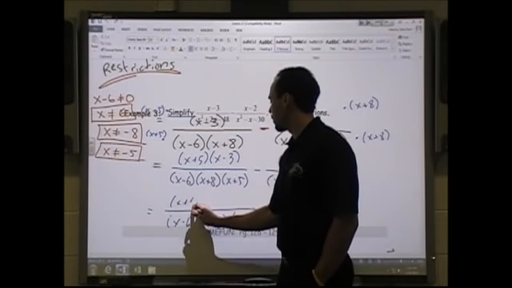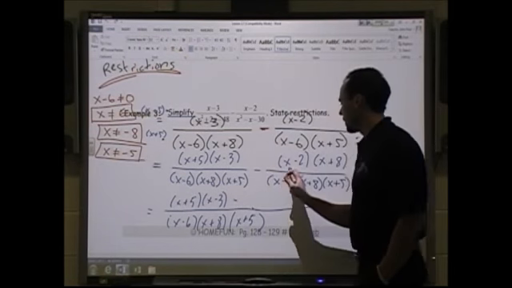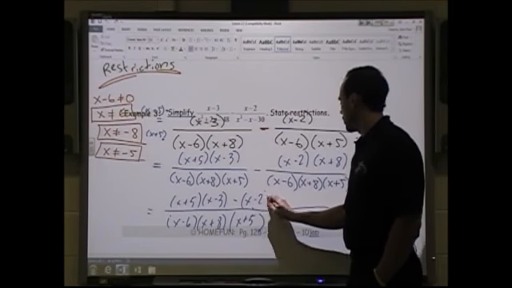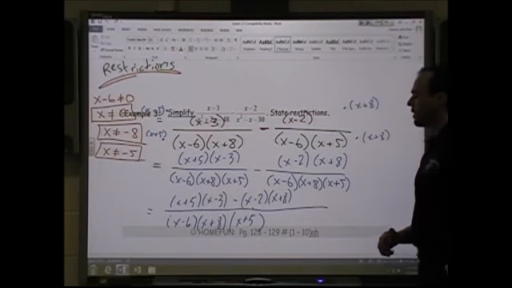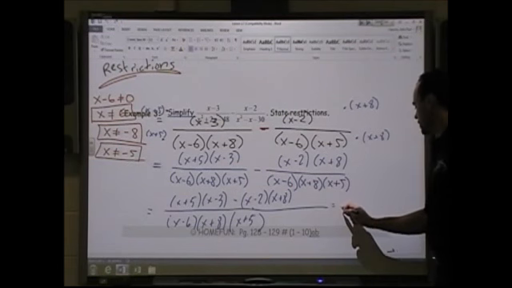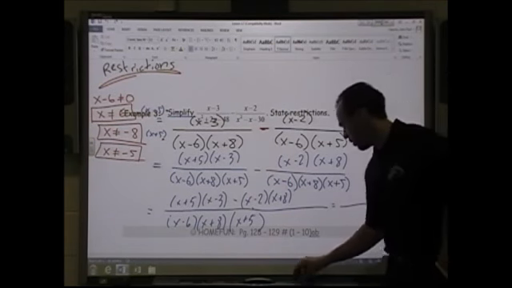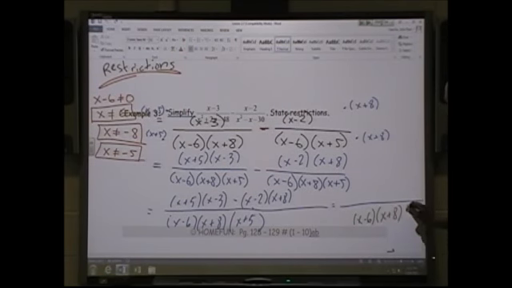So this will be x plus 5 times x minus 3, subtract x minus 2 times x plus 8. And now you have to be careful with the negative sign here, because that will make a difference. So again, rewriting all over x minus 6, x plus 8, and x plus 5, I will multiply and expand those binomials.